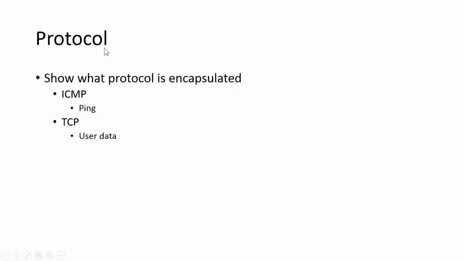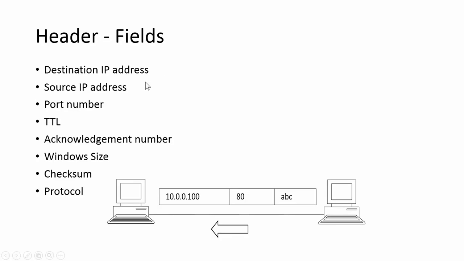Another field is called the protocol field, and that identifies what is inside the packet. You usually think what's inside a packet would be user data, but a packet can also include Internet Control Message Protocol information, that is to say the ping command. Protocol shows what protocol is being encapsulated in that packet.